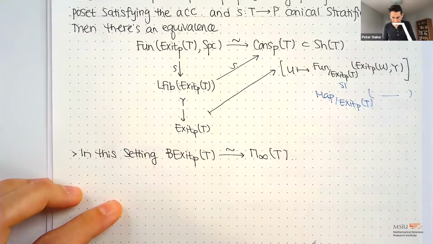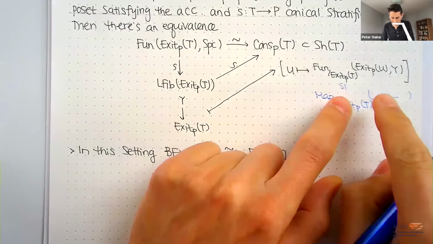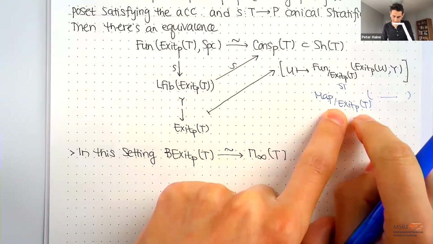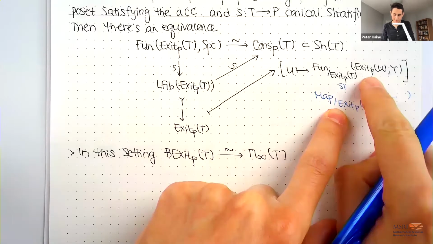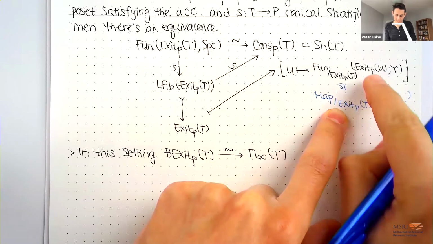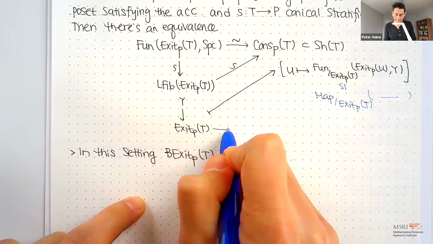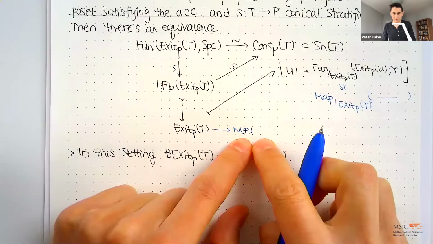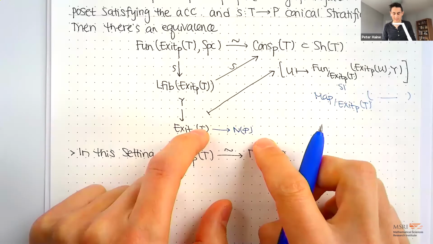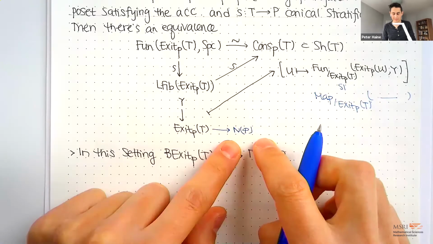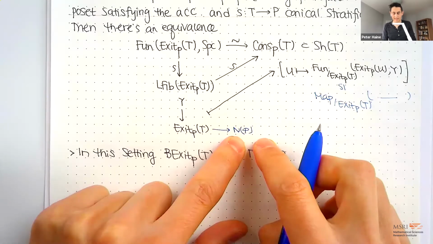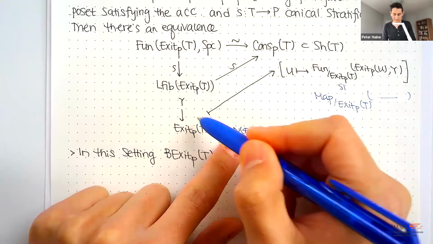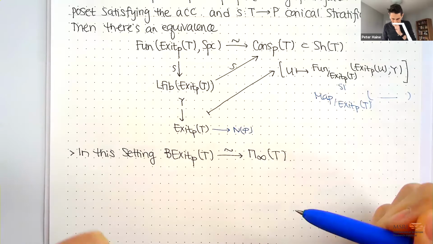And the important thing to note is that in this setting, these things are all over P, and all of the strata are Kan complexes. So that was the conservativity of this functor. And then this is a left fibration, so this composite is also going to have that property.